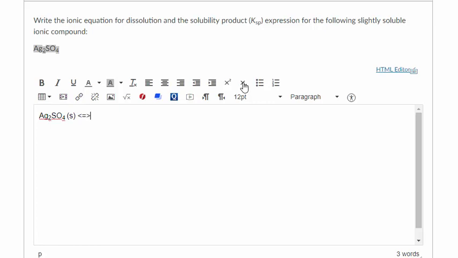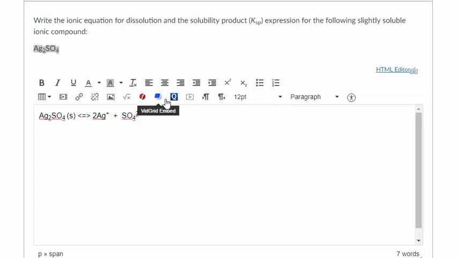Then we're going to have 2 of our silver ions and then 1 of these. Use the text editor in order to superscript the charges and subscript as appropriate. And give me phases. Remember, the phases do matter when we're talking about this.